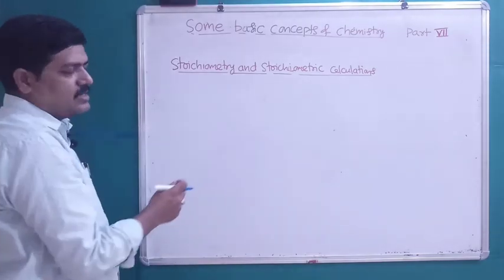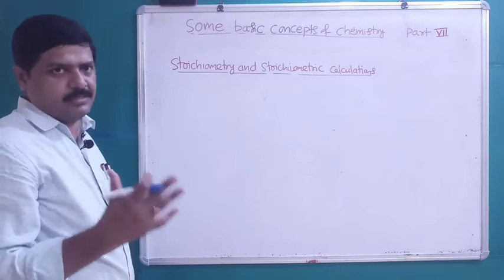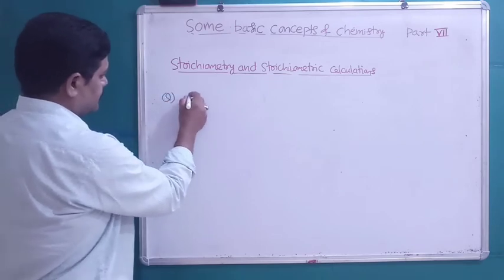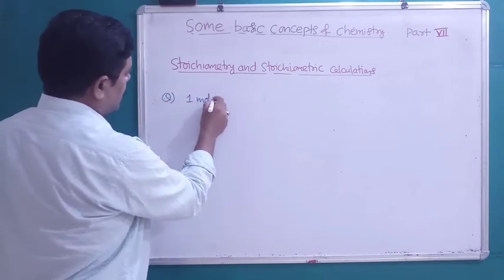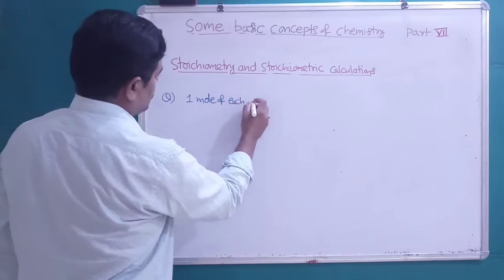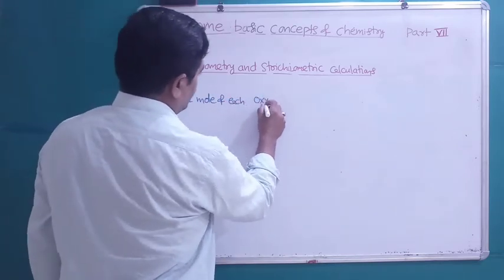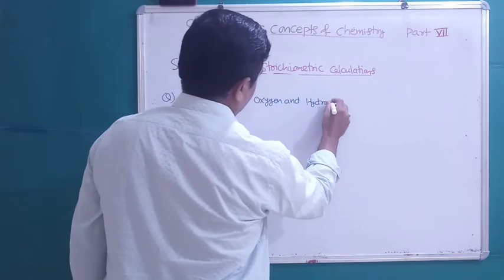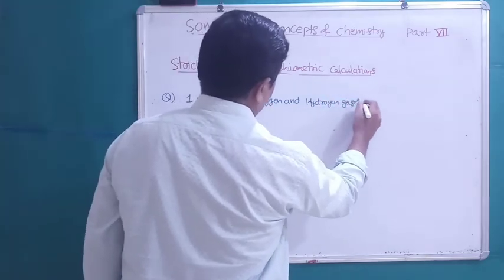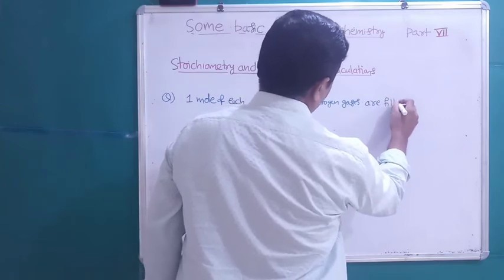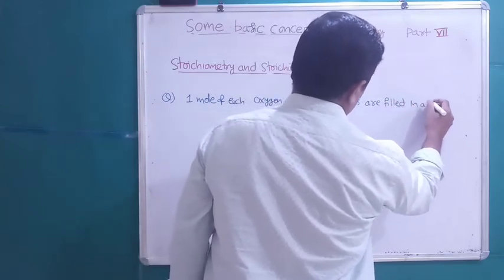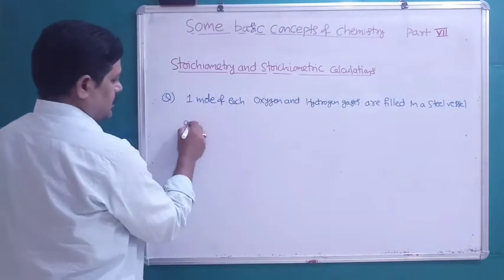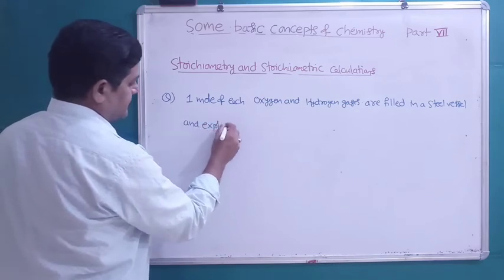Dear students, to understand the limiting reagent concept in more detail, let us take one simple question. 1 mole each of oxygen and hydrogen gases are filled in a steel vessel and exploded.